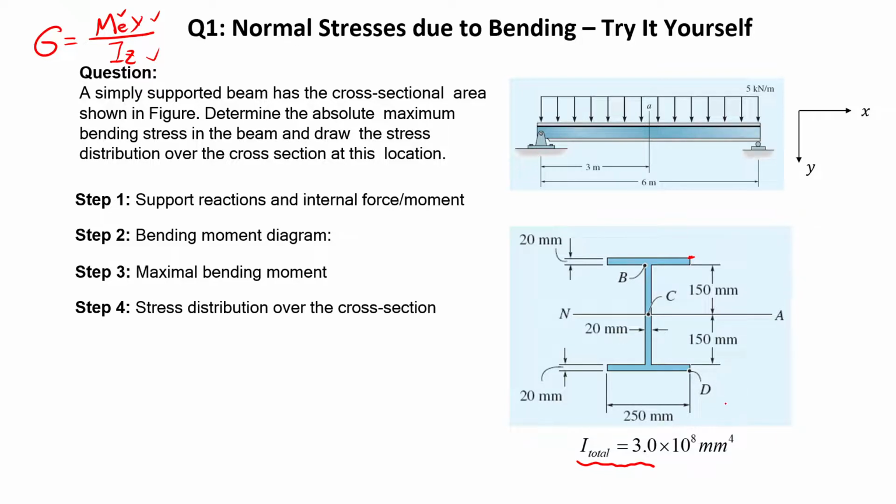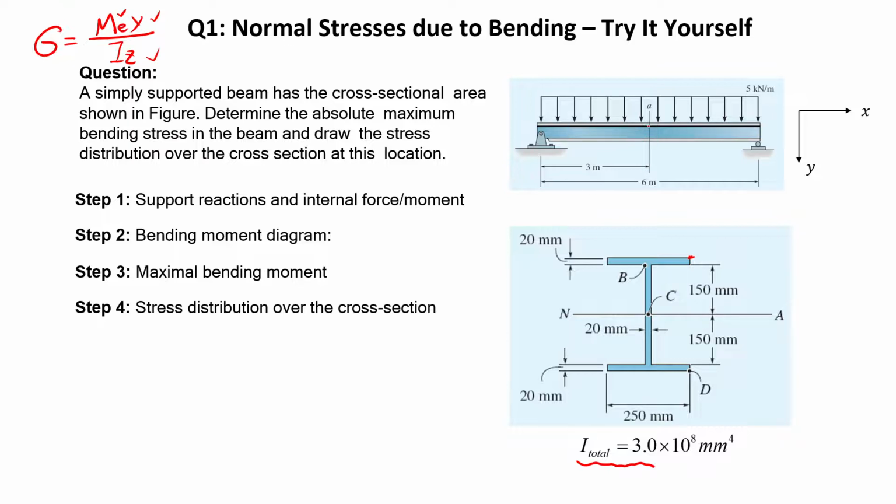And now let's focus on how to get Me. Me, essentially for a beam bending problem like this, do you remember we have discussed calculating the internal shear force and the moment. So essentially the moments will vary across the beam.